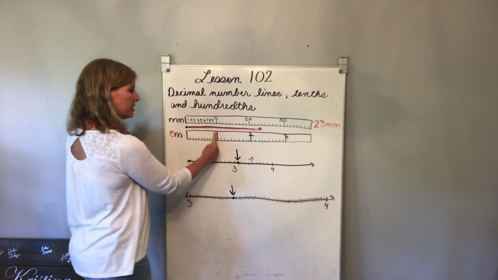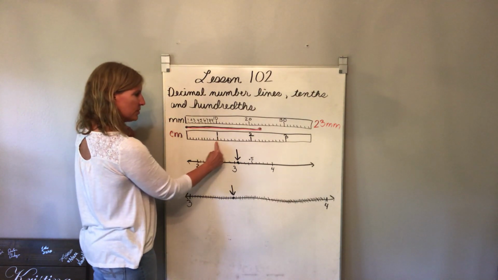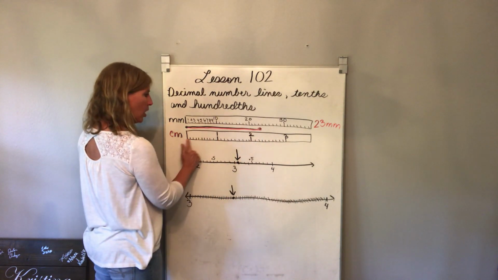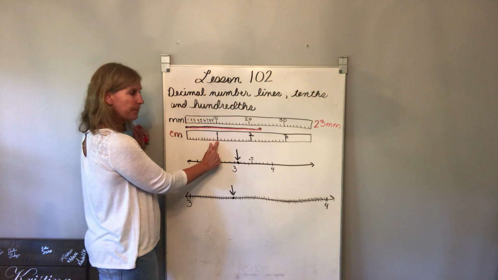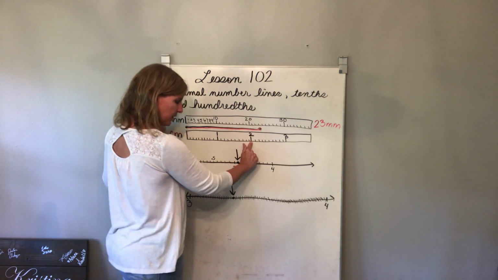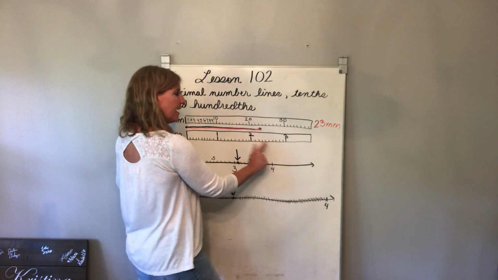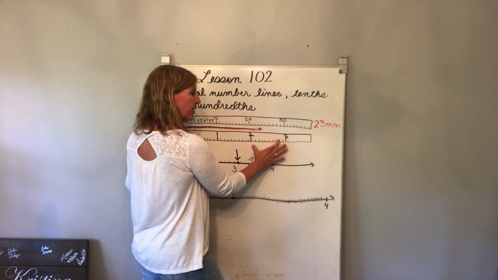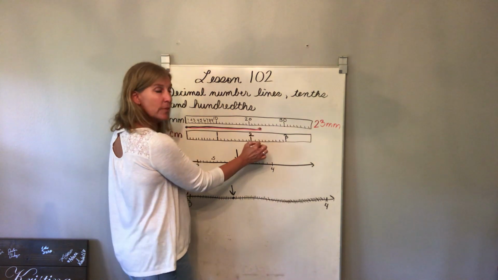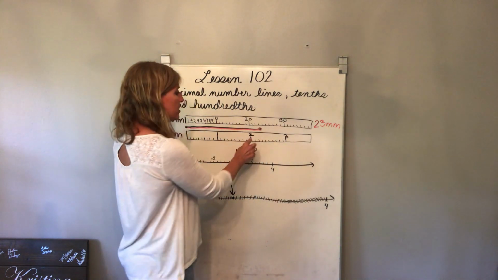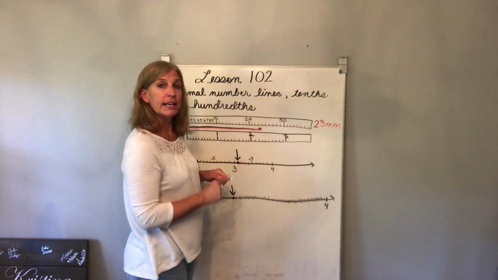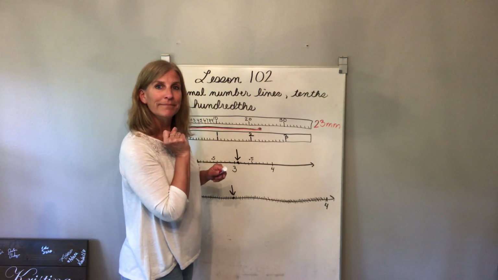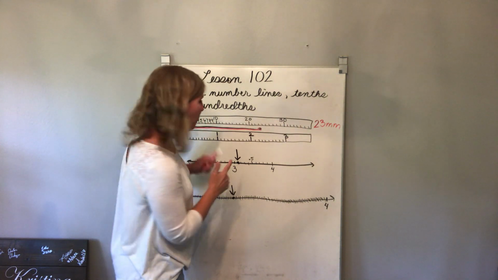Now let's look at the centimeter ruler. Here we're going to count again using the markings on the ruler. 1 centimeter, 2 centimeters. Now we have to find a word for these markings in between 2 and 3. Well, there are 10 small marks in between the 2 and the 3, so that means each small mark is 1/10.